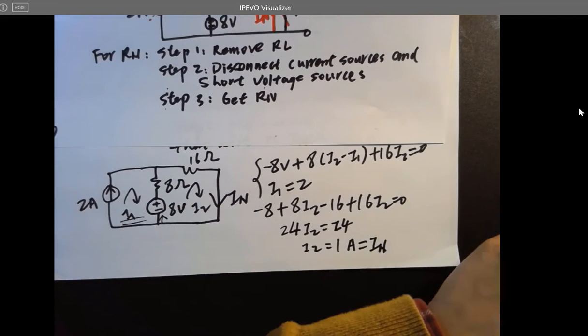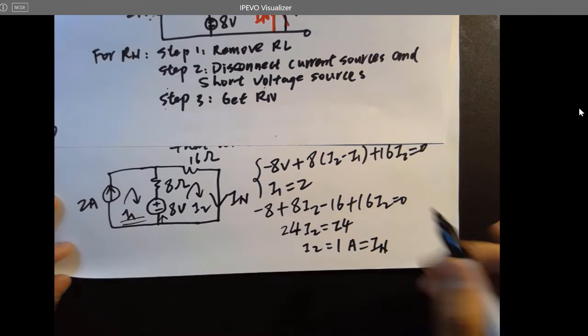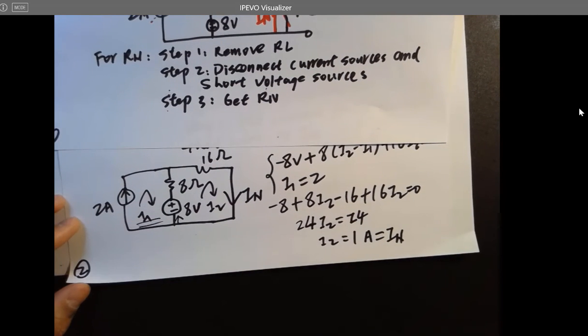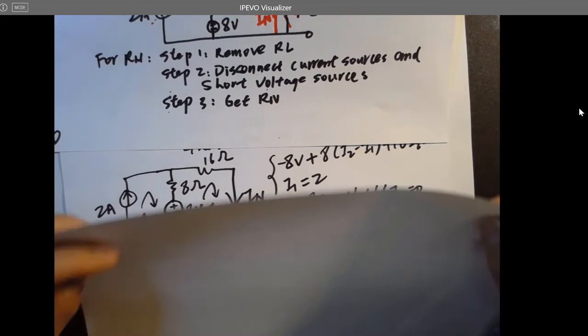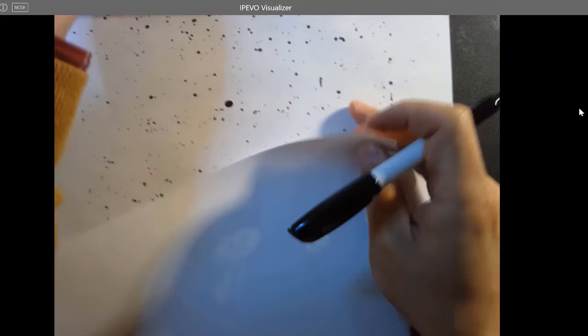Now you have both In and Rn, and you can easily draw the Norton's equivalent circuit.